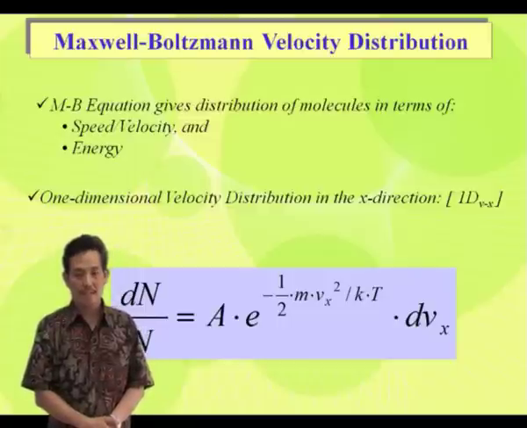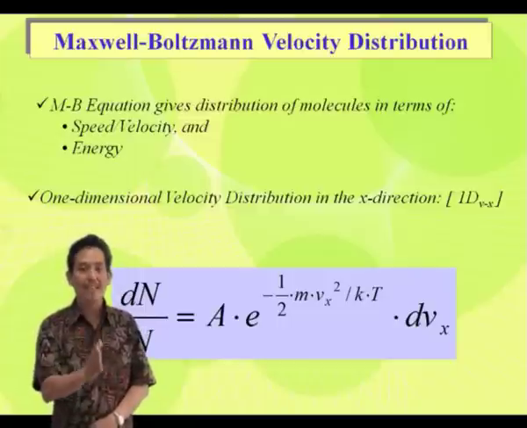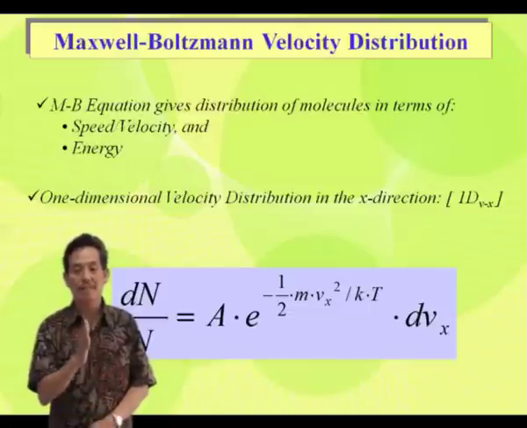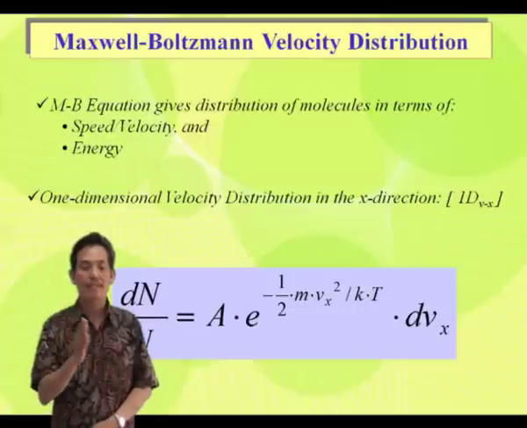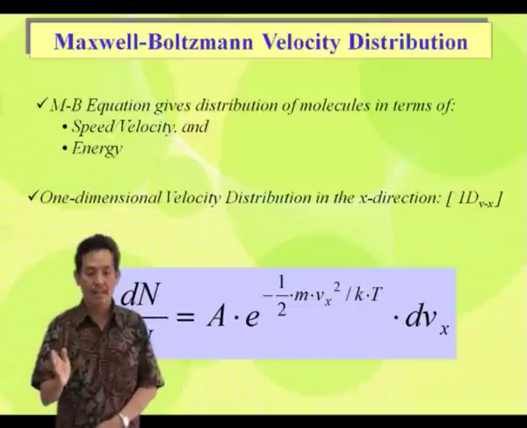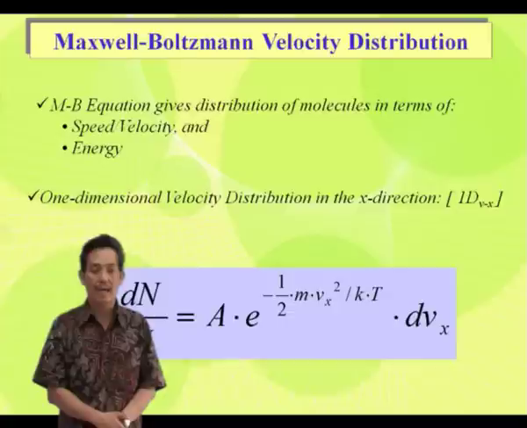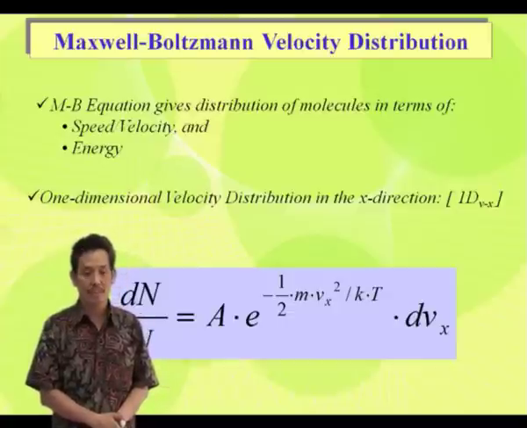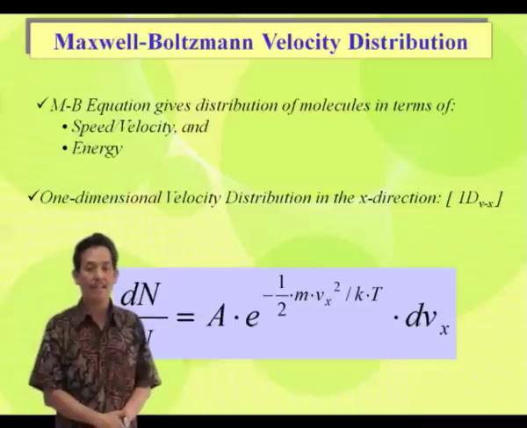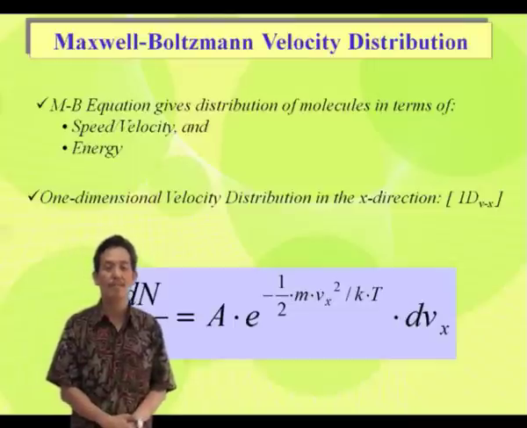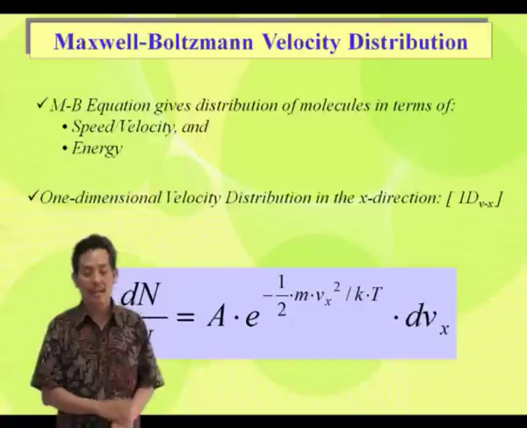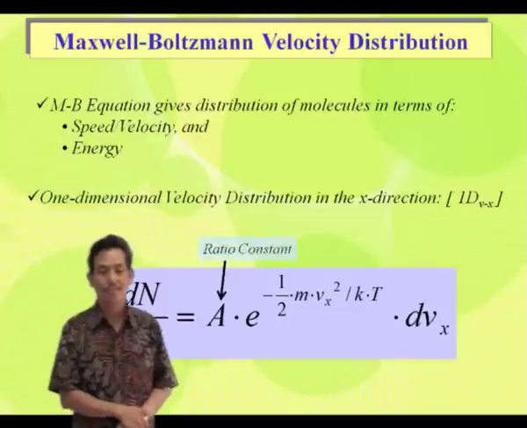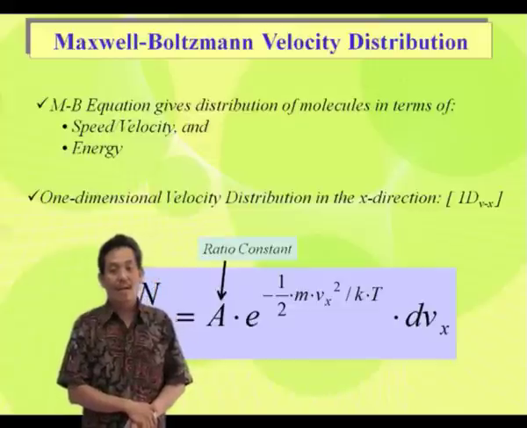If we write the direction as x, we represent it by Vx, V is velocity and x is the direction. As you see in the presentation, dn per n is the fraction of the molecules, and A is the ratio constant.